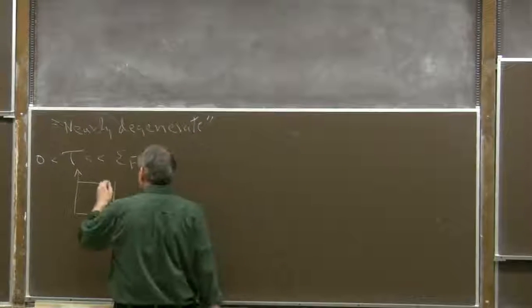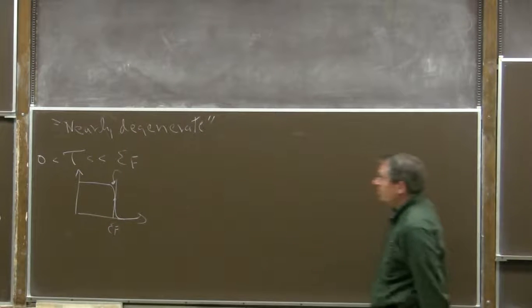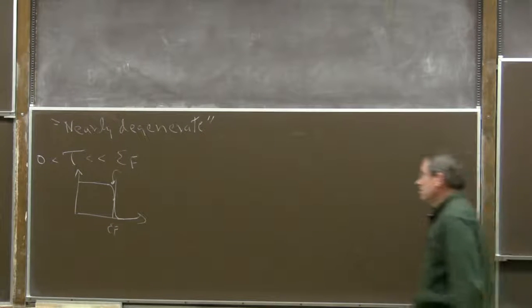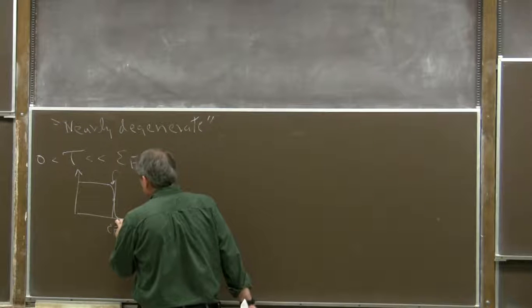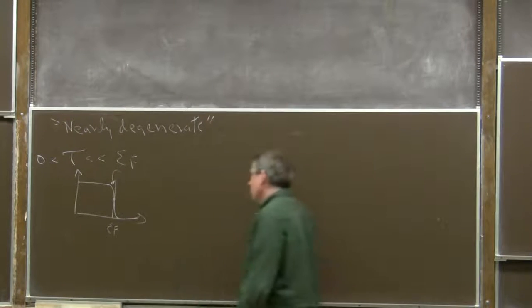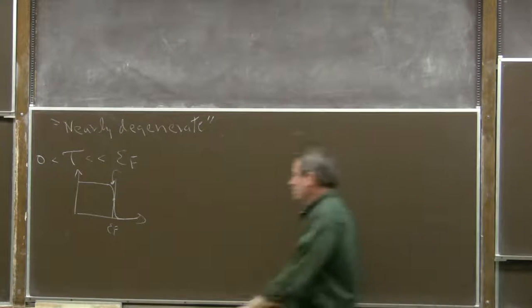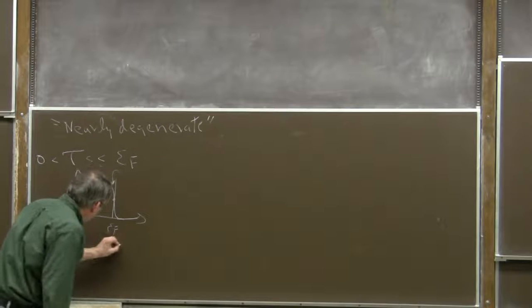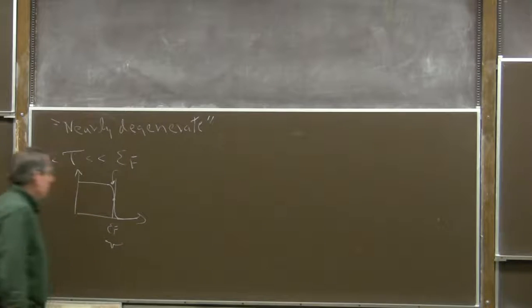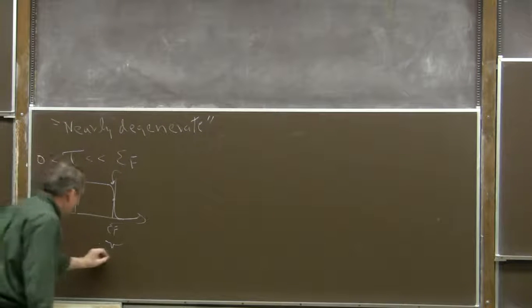So there are some orbitals close to but below the Fermi energy for which the occupation number is a bit less than 1, and some orbitals just above the Fermi energy where the occupation number, though less than 1/2, is not strictly 0. And the width of the range in energy in which we have occupation numbers that differ appreciably from 1 and 0 is about the temperature.